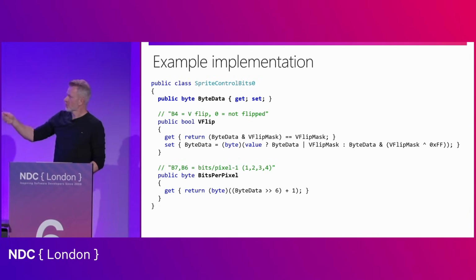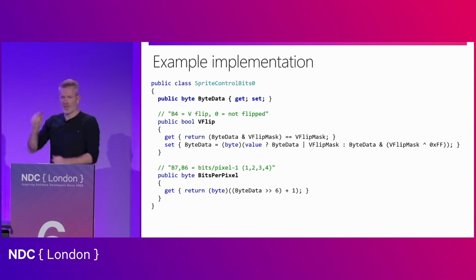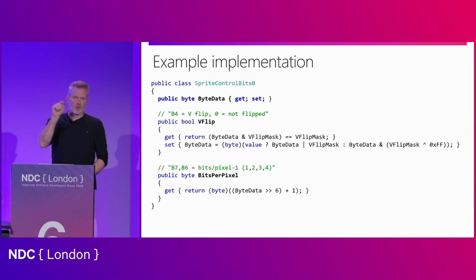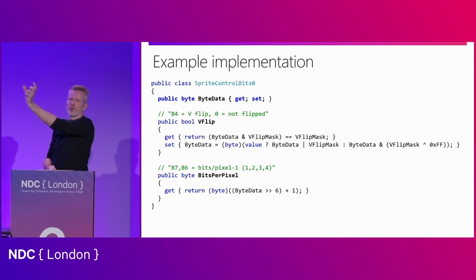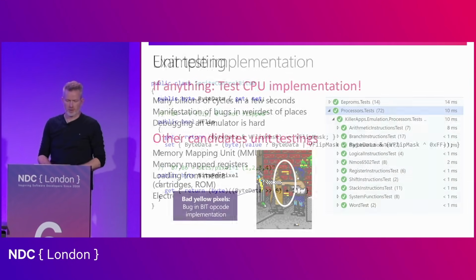And then the bits per pixel, a different approach. Another thing that you'll be doing if you write emulators is shifting bits around with the bigger than or smaller than operators, shifting bits a number of positions, in this case 6. We're shifting the most significant ones all the way to the beginning, and then we add the 1 to get the bits per pixel.